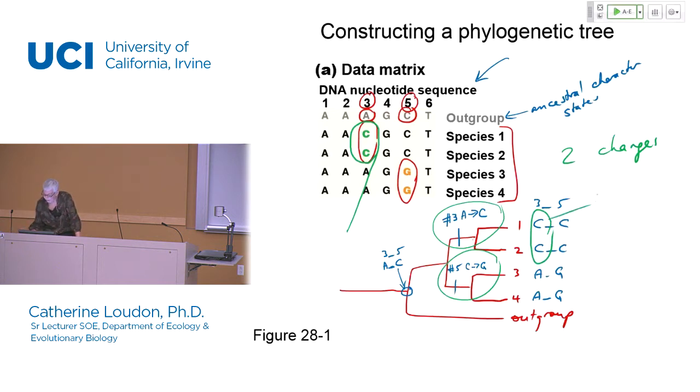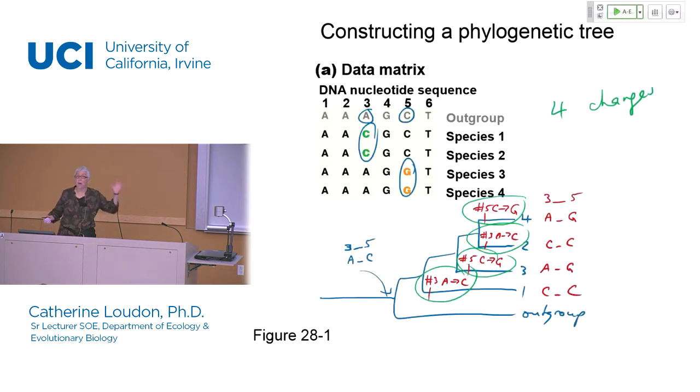This would be an example of a homologous trait in species 1 and 2 because it is a result of shared ancestry. See, there's the common ancestor right here. We had a change in nucleotide position, A turning into C at that point. So this would be homologous.